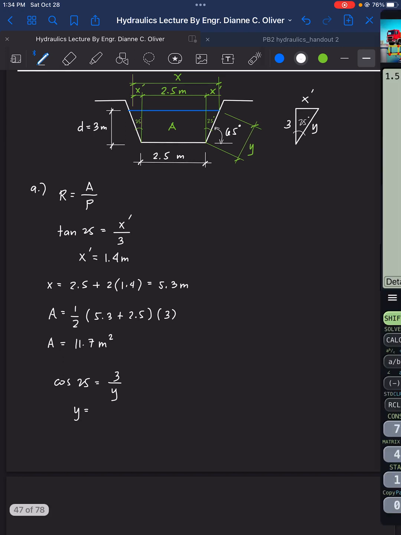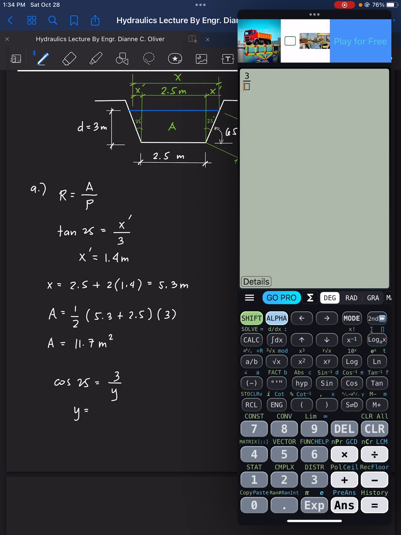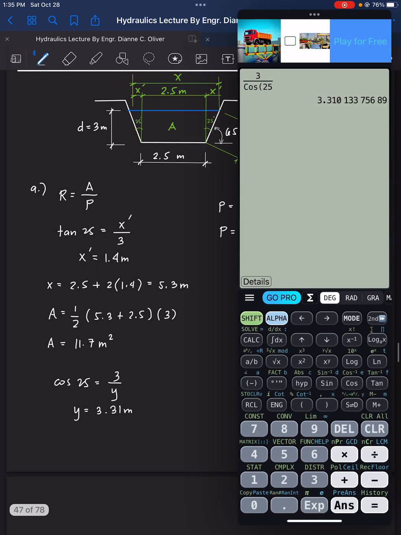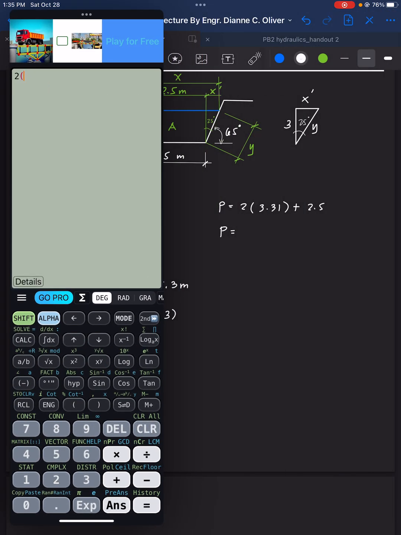Y is equal to 3 over cosine 25, that is 3.31 meters. Therefore, we can now get the value of P, the wetted perimeter, which is equal to twice y plus the bottom width of 2.5 meters. So perimeter is now equal to twice 3.31 plus 2.5, so 9.12 meters.